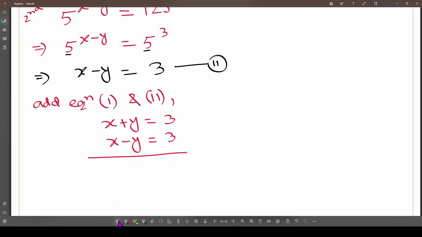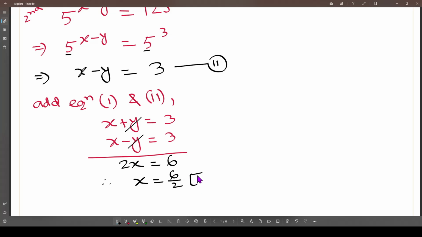Once we add, plus y and minus y cancel out. So here we will get x plus x is 2x, and 3 plus 3 is 6. Once we divide both sides by 2, it will become x equals 6 by 2.